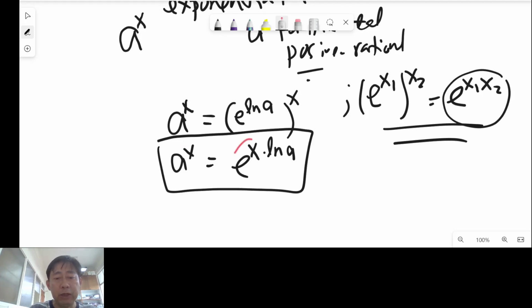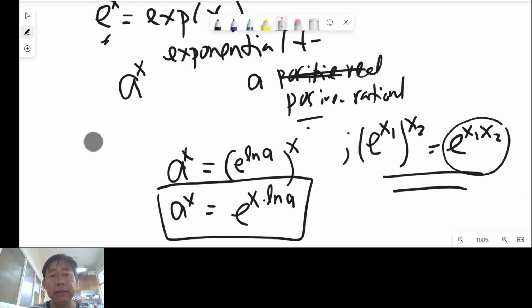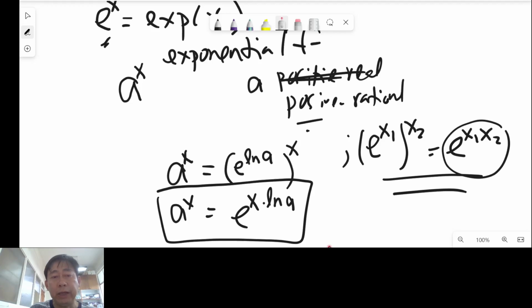Without the exponential function, you can't generalize a to the power x for any irrational number x.